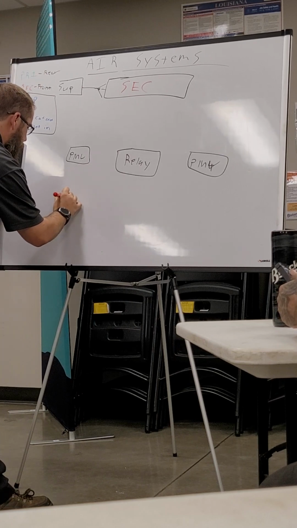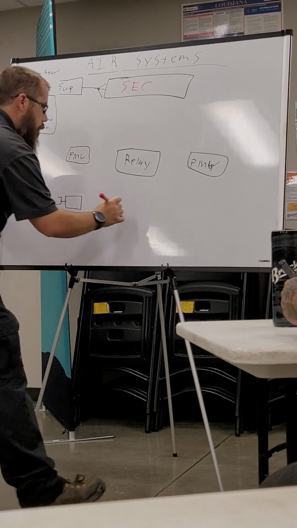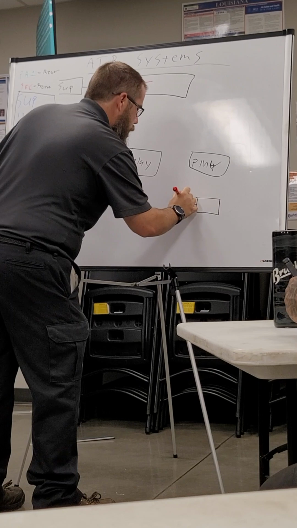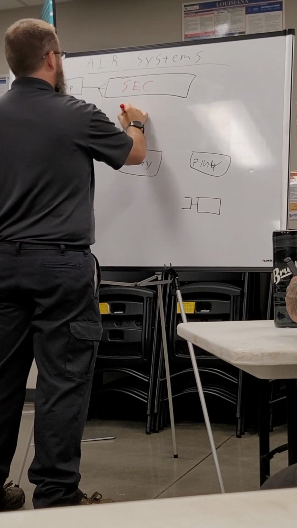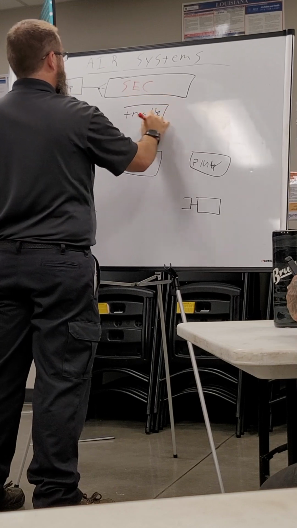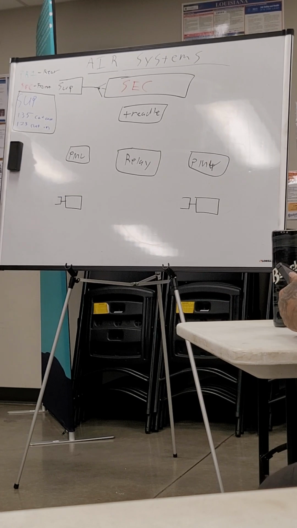And the treadle valve. Pretty much, in a nutshell. Again, seems pretty simple, right? A couple notable differences here, but we're going to talk about that. So the things you already know, the things we've already covered.